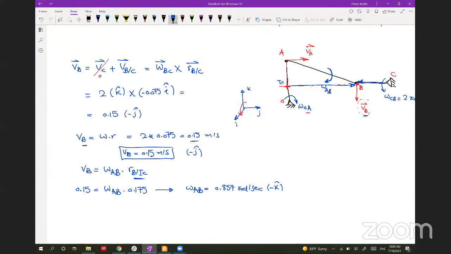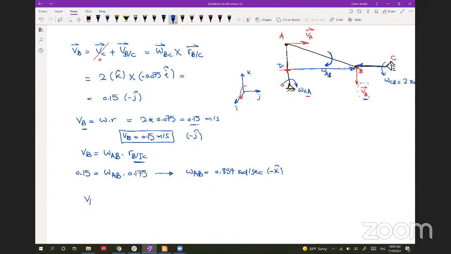We can also get VA from the member AB. VA will be equal to omega AB multiplied by RA with respect to the instantaneous center of zero velocity. So this will be equal to omega AB, which is 0.857, multiplied by RA.